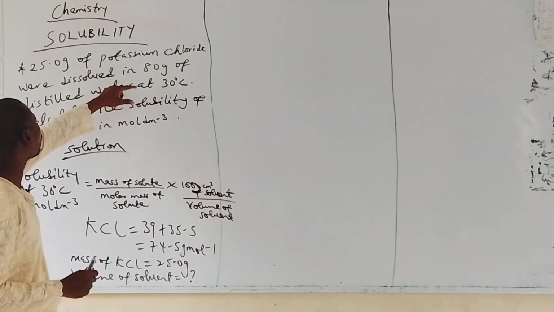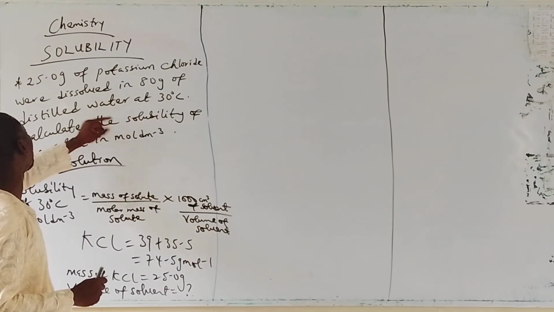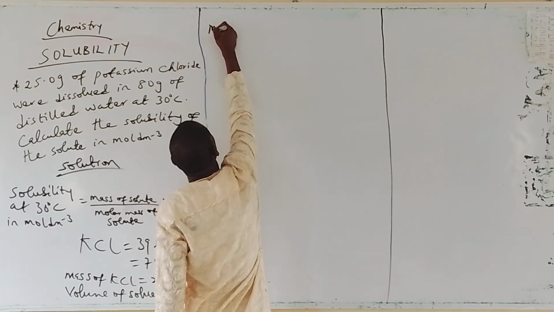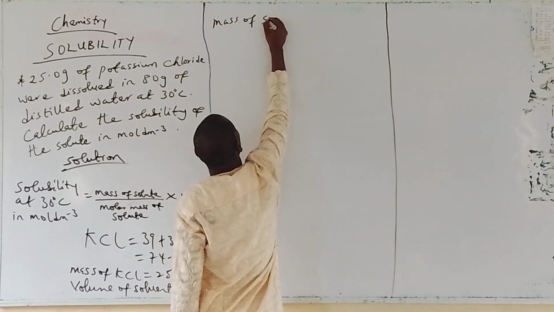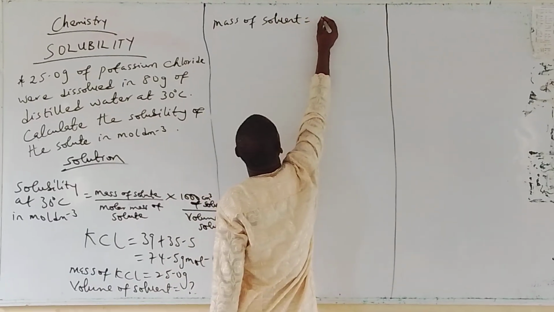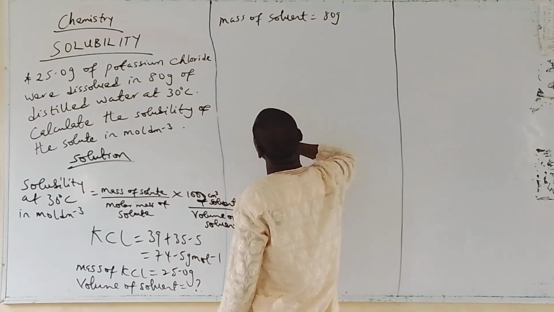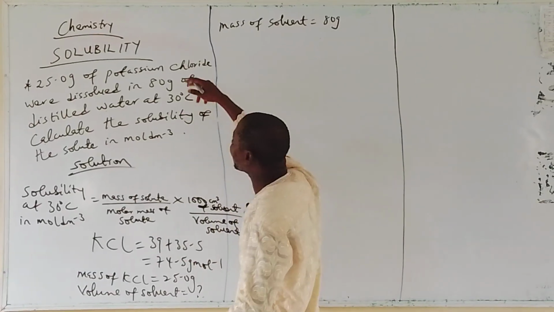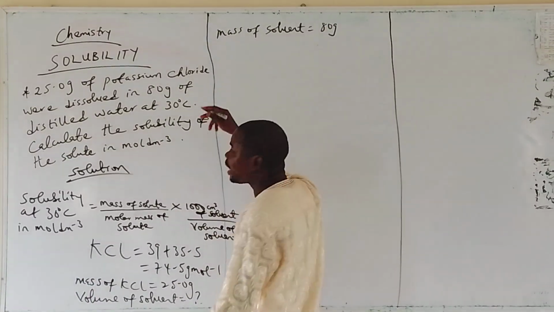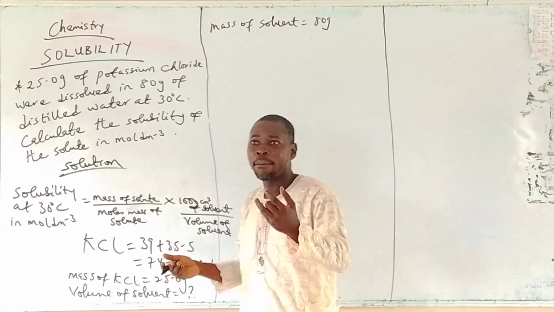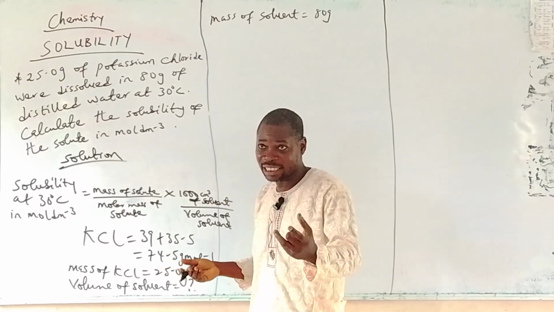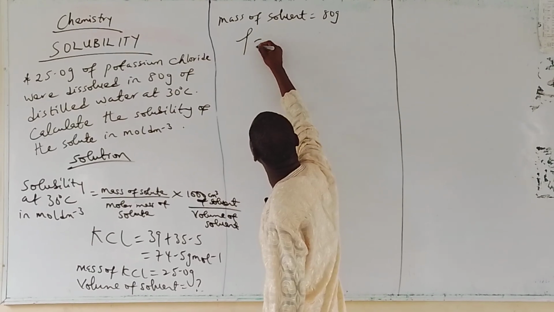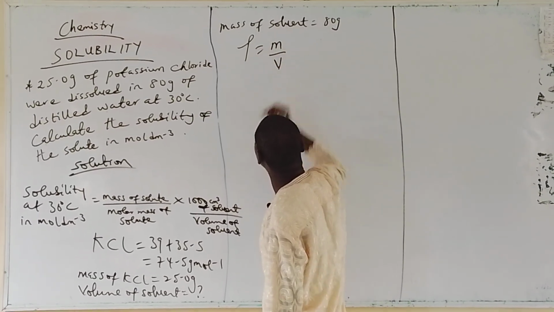But what was given in the question is 80 grams of distilled water. I'm only given the mass of solvent, which is 80 grams. Since I know that the solvent is water, I can get the volume of solvent from here. There is a connection between volume, mass, and density: density rho is equal to mass over volume.